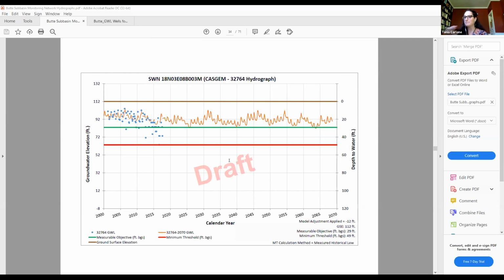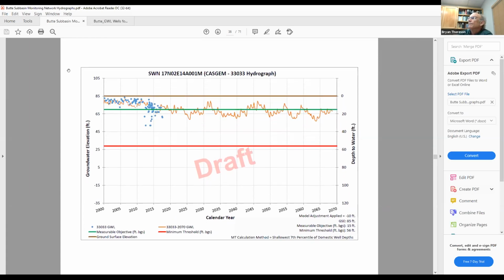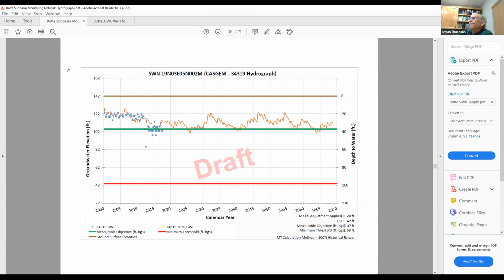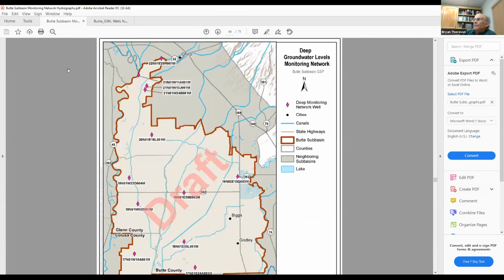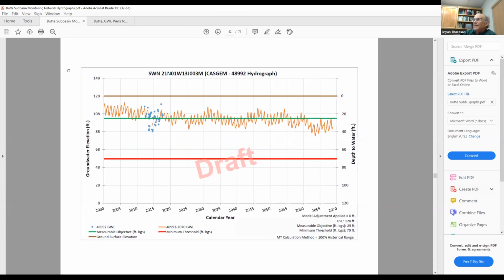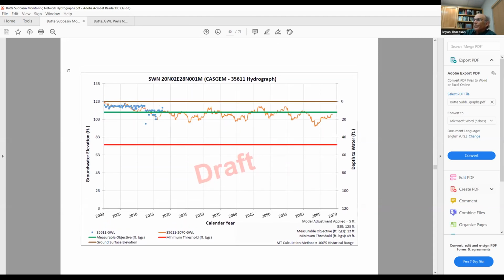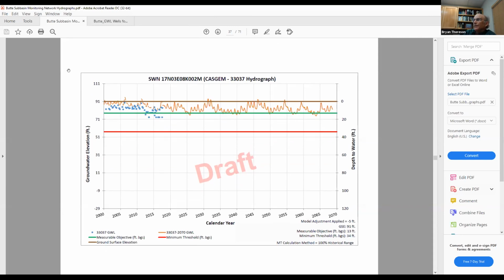Okay, going to Anjanette, at your other comments here. So let me see if I can quickly find an example. I hope nothing's moving. You know, when I flip through these, the red line is below all the historical, generally by a fair amount.